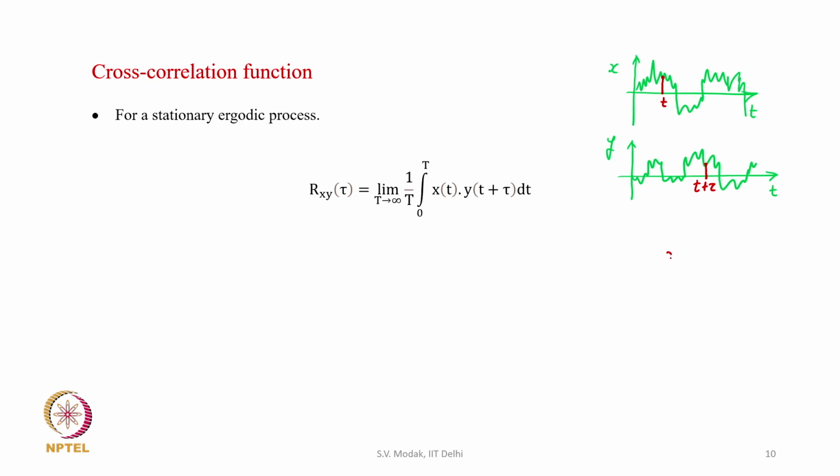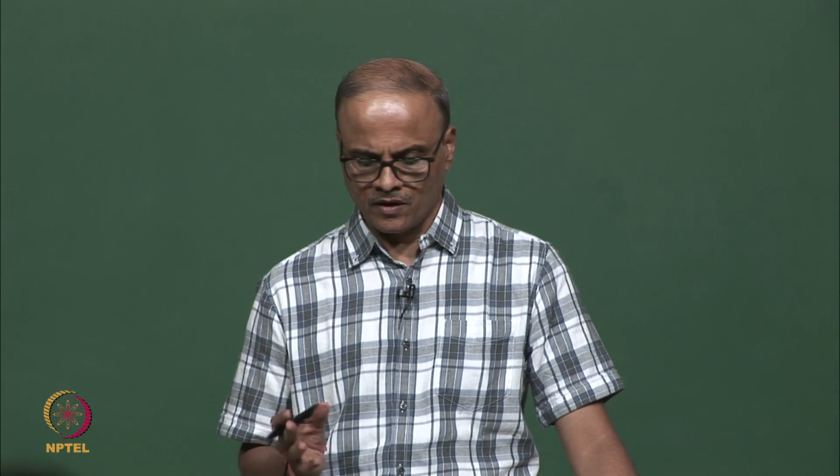Then we take the product of x of t and y of t plus tau, and find the average value of this product over time length T such that T is very large. That gives us the cross correlation function between x and y. The cross correlation function tells us the degree of similarity between the samples of signals x and y which are separated by time lag tau.